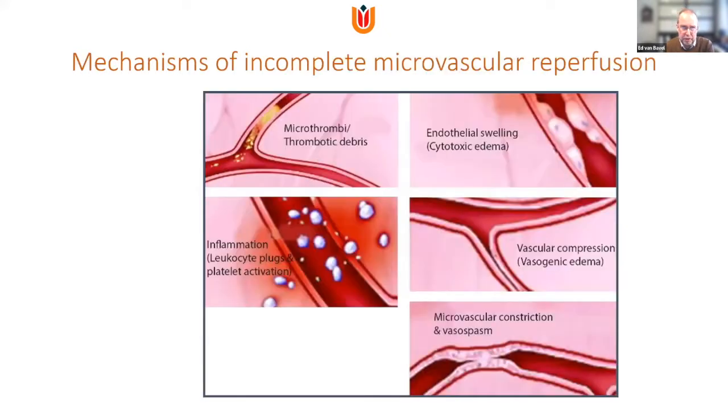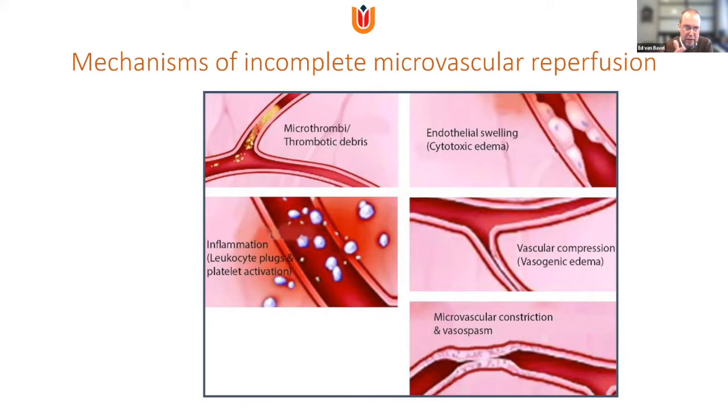Okay, let's go to one of those mechanisms, incomplete microvascular reperfusion. We believe that in many cases, and this is what we see in animals, impaired microvascular reperfusion, so a lack of reperfusion after the recanalization, either direct or in time, relates to failure of blood vessels. There are a couple of mechanisms that might be involved.